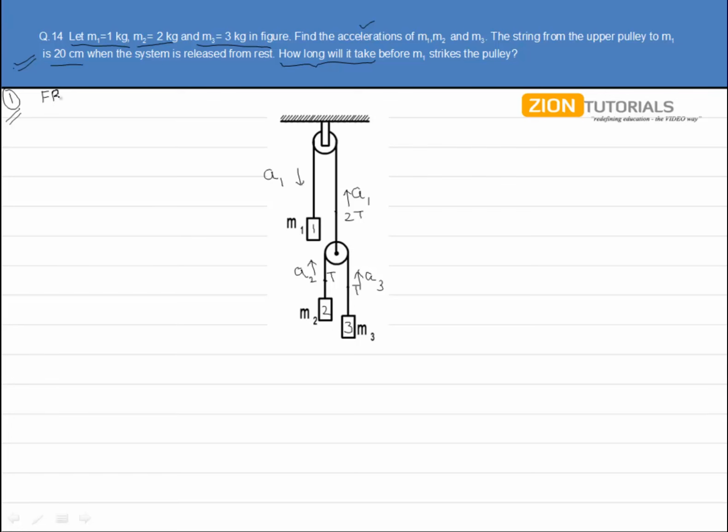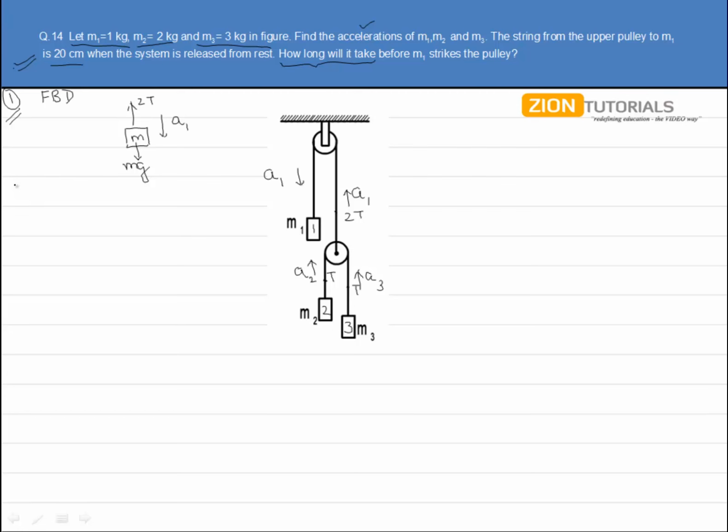Drawing the FBD for block 1, we have a block of mass m having an mg force in the downward direction, a tension of 2T in the upward direction and an acceleration of a1 in the downward direction.